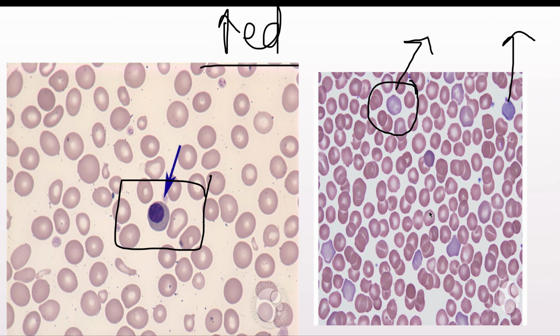So when it produces more RBCs, the immature forms will also come into the peripheral blood smear. So there will be an increase in the NRBCs, and an increase in polychromatophils. So what is polychromatophil? It is actually a reticulocyte.